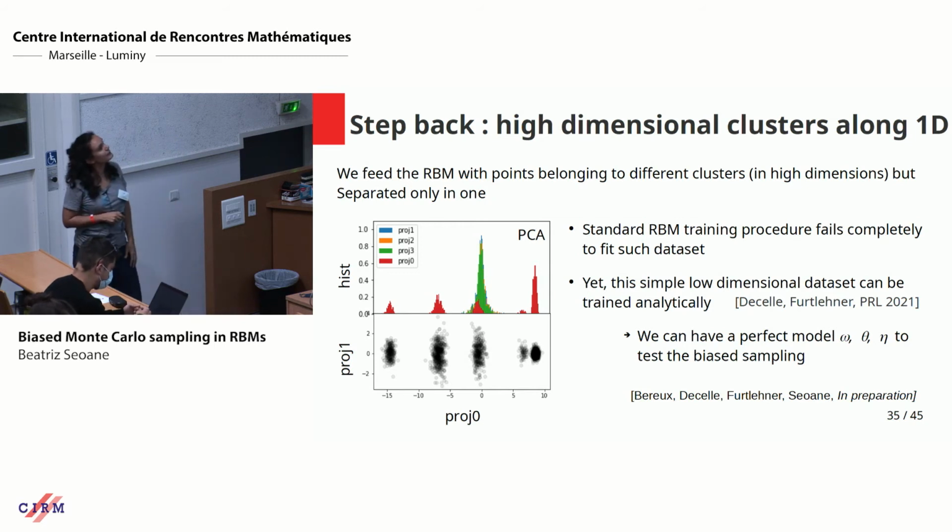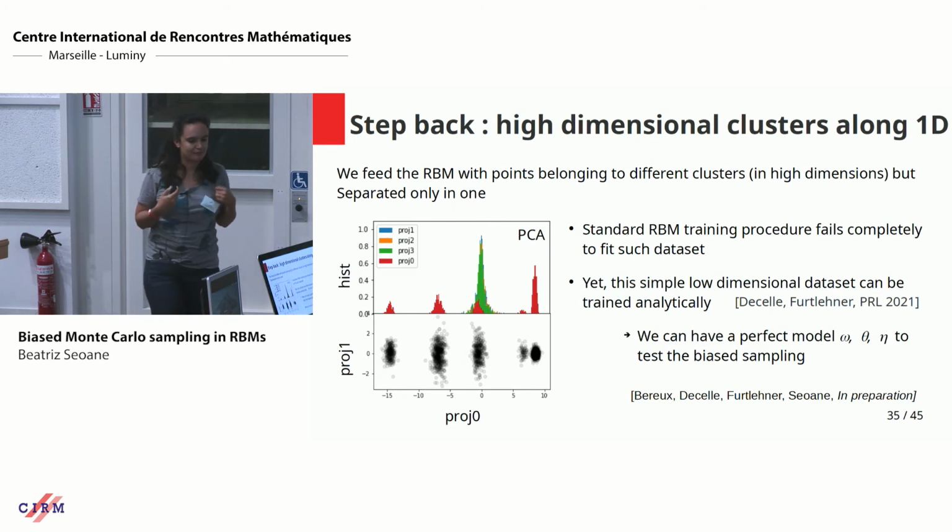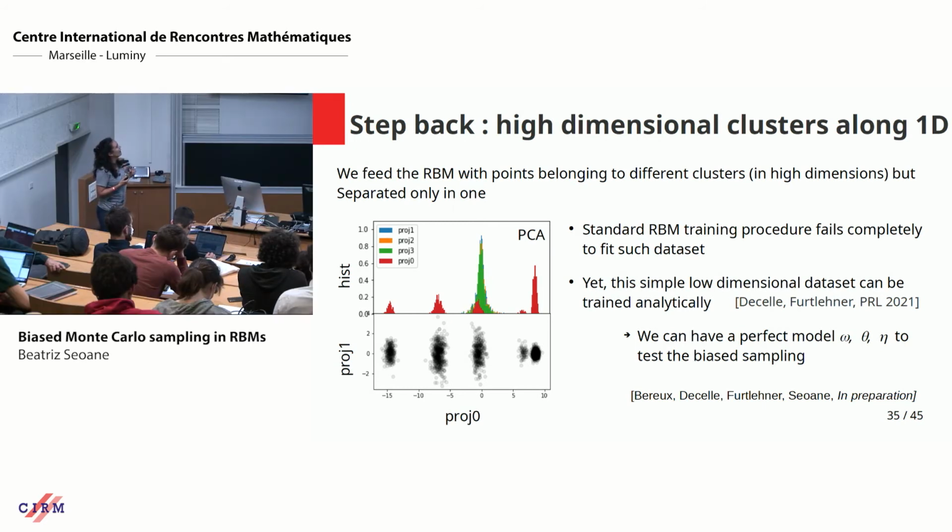So we have been trying to approach this. We went back to a simpler problem, clustering. Imagine I want to feed the machine with a dataset of a few clusters, and I would like the machine to be able to create points in every cluster, but with the right weight for each one.